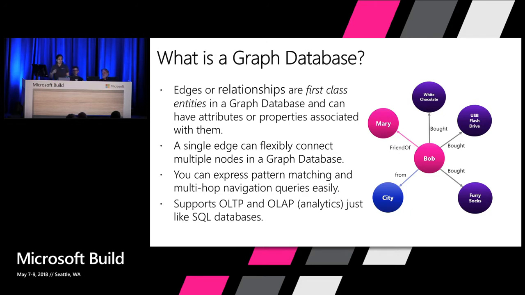You can easily model many-to-many relationships using these edges, as opposed to foreign key relationships, which let you model one-to-many relationships in a relational database. Graph databases generally also give you an easy, regular expression-based query language to easily write your traversal queries or navigation queries. And they support both OLTP and OLAP, just like relational databases.